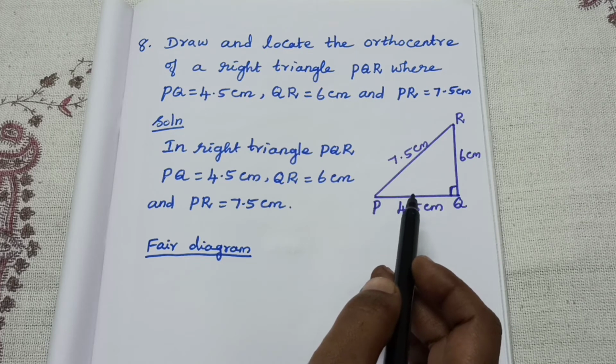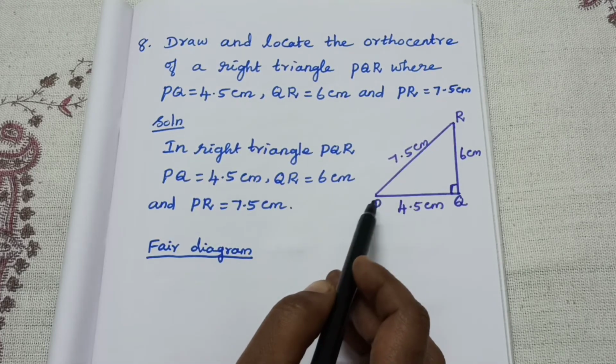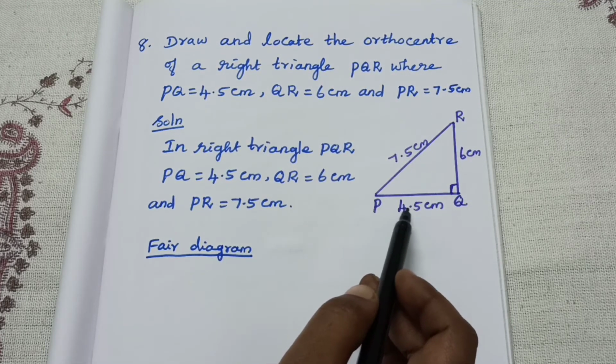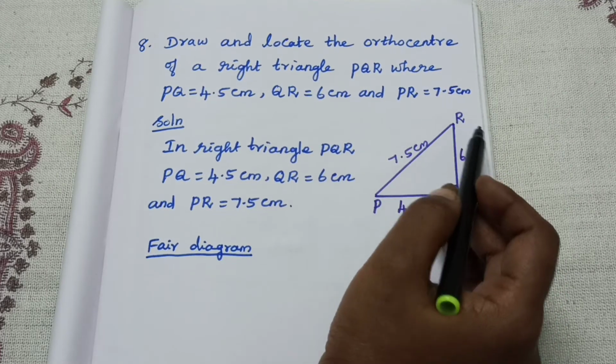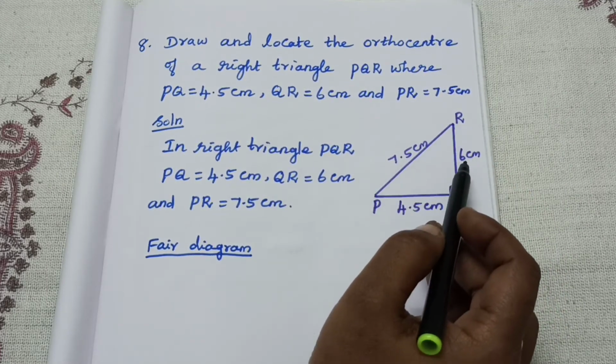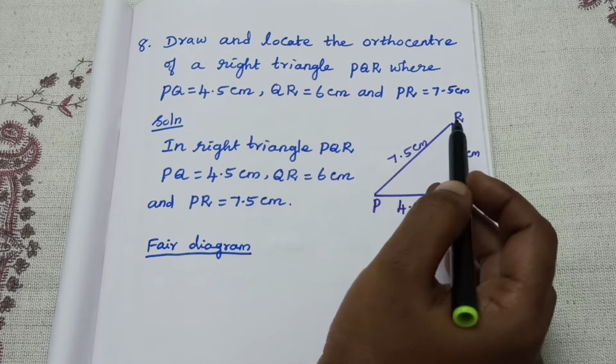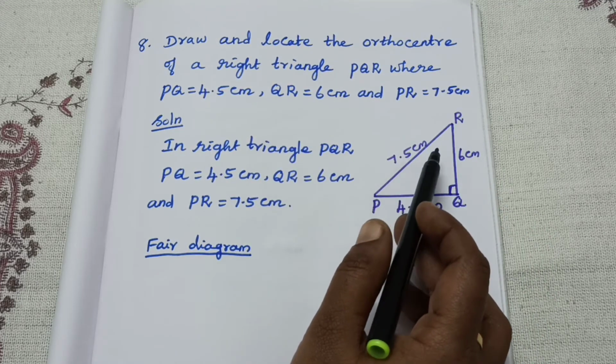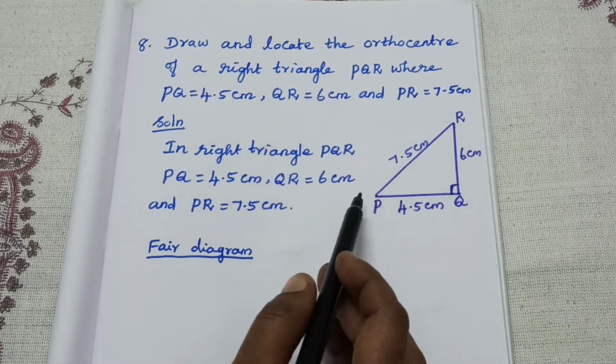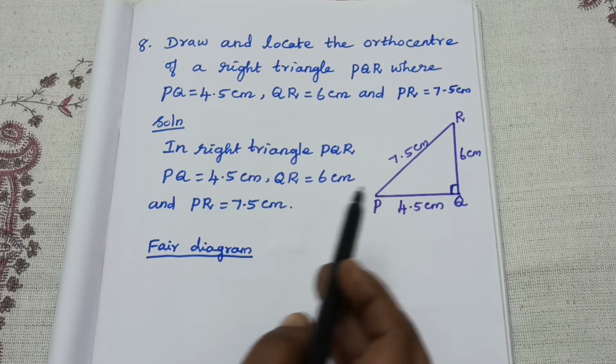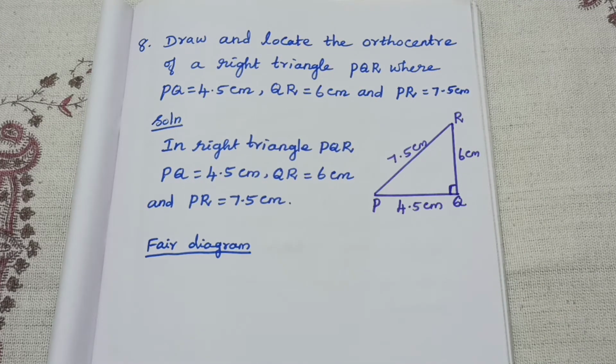Then here what is PQ? PQ is 4.5 cm. Then QR how much? 6 cm is given. Then PR is what? 7.5 cm. The right angle, which side is not given, isn't it? So we have to simply draw.